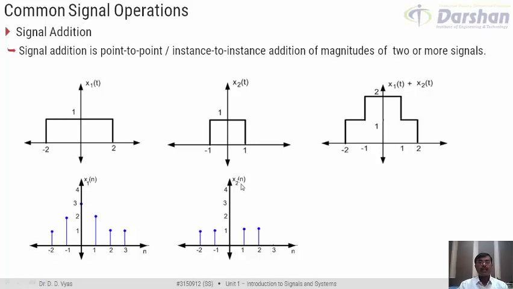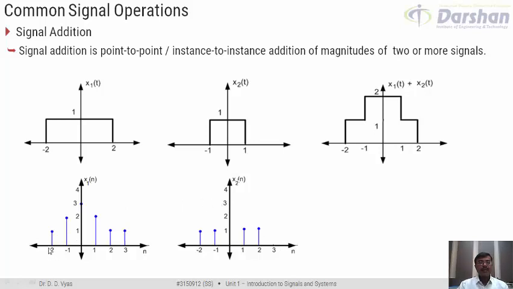Whereas what is the nature of x2? The value of x2 is 1 at minus 2, 1 at minus 1, 0 at n equal to 0, magnitude of 1 at 1, at n equal to 2 again the magnitude is 1, and from 3 onwards it is 0. Now suppose that we try to add these two signals.